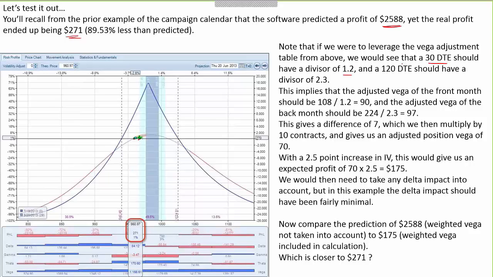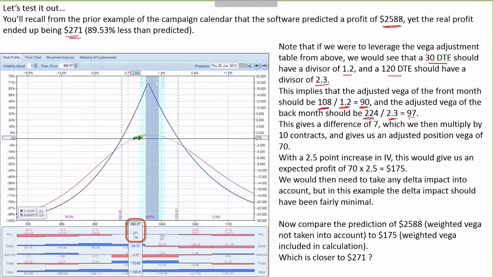So what we're actually going to be doing is we grab the raw Vega of that option. We divide that by 1.2 to figure out what our weighted Vega is for that leg. Then we grab the raw Vega of the back month option, which is at 120 days out. The Vega divisor for that was 2.3, so we divide that by 2.3.